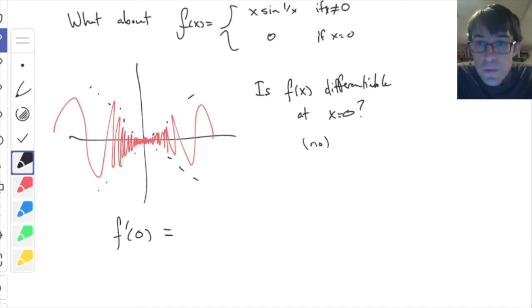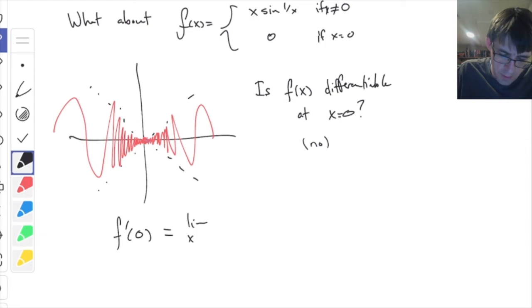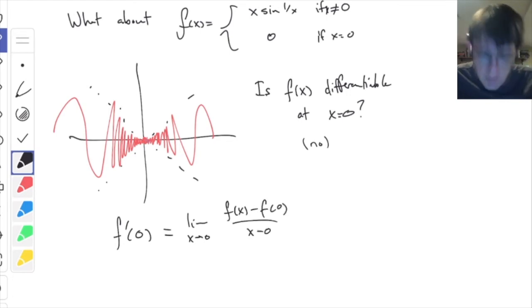We use the definition of the derivative. I go limit as x goes to 0 of f of x minus f of 0, divided by x minus 0. Now, inside this limit as x goes to 0, remember, when you take the limit, you're really looking at all values other than 0, all of the nearby values.